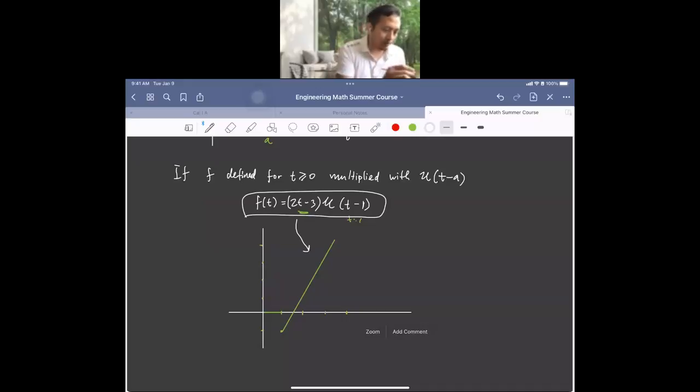There will be a portion of the graph that is turned off, from the interval 0 to less than 1.